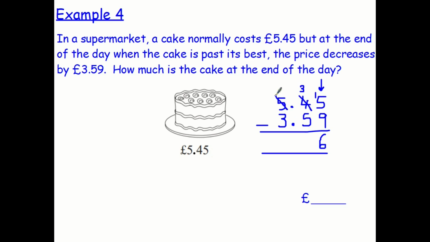Borrow from there. That reduces by 1 to 4. And then that becomes 13. So now it's 13 take away 5, which is 8. And put the decimal point in, and the final part of my question is 4 take away 3, which is 1. So at the end of the day, that cake costs £1.86.